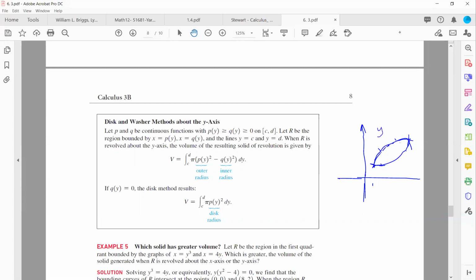This is y equals f of x. This is y equals g of x. First of all, we have to write each x in terms of y. We get new functions in terms of variable y. This is your new solid.